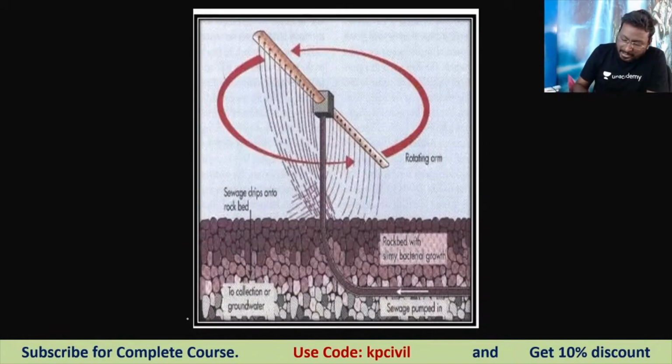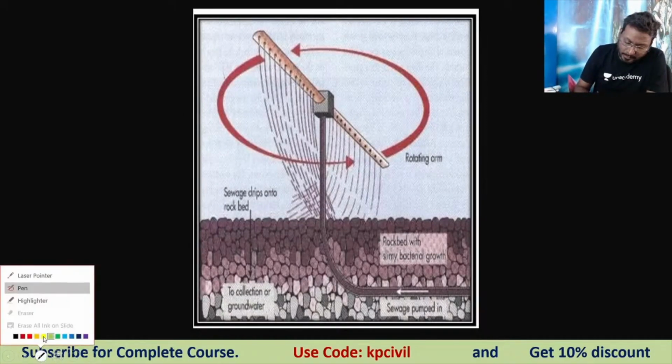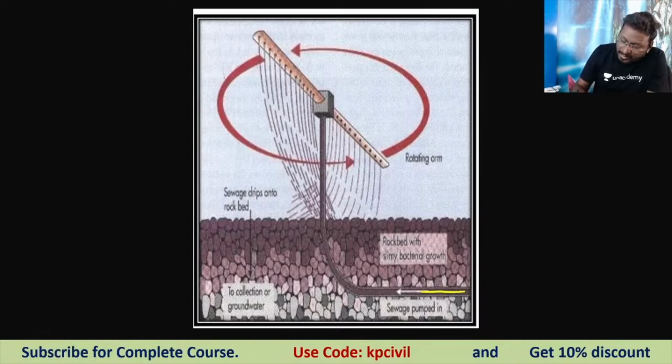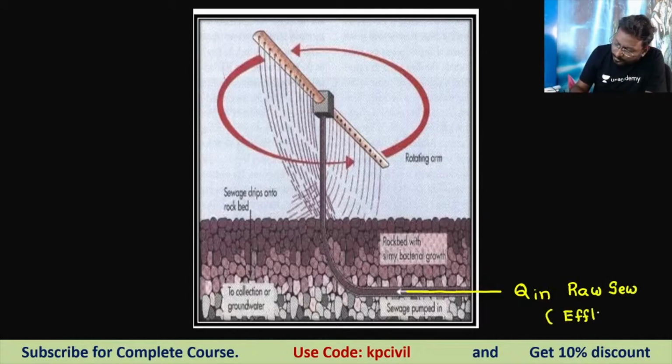So this is the aeration device. You understand? This is the aeration device, raw sewage. Here the inlet Q in, we are giving raw sewage or else effluent from PST or SST, loaded here, traveling.